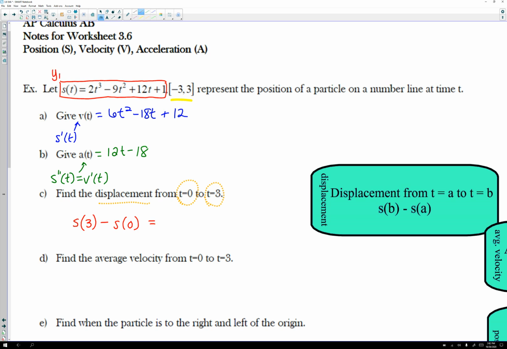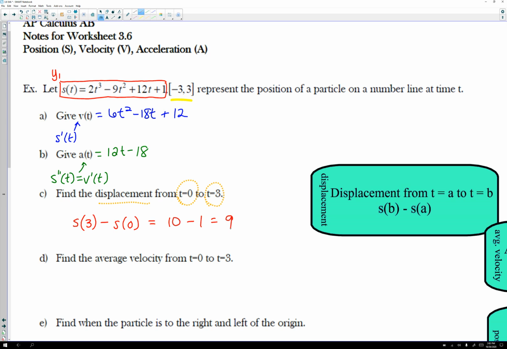If you hit alpha trace, or the F4 shortcut, you can select Y1 and use function notation, and you get a position of 10. Then you can find the position at a time of 0, which is 1. Subtract those and your displacement is 9.